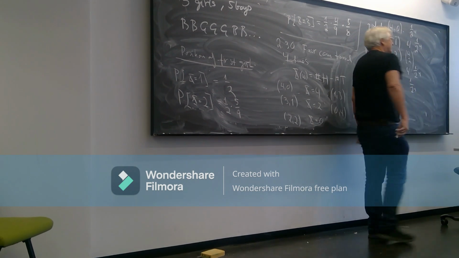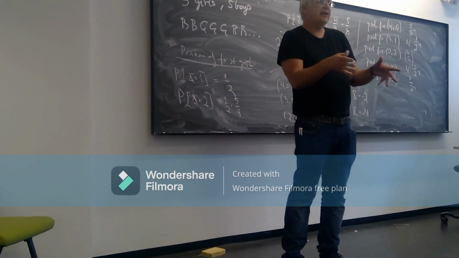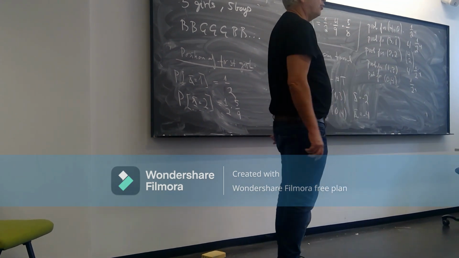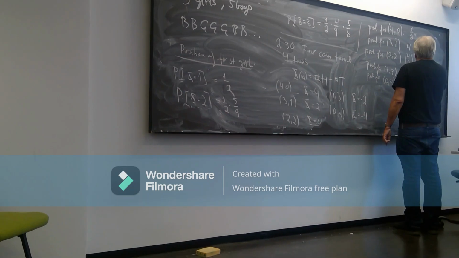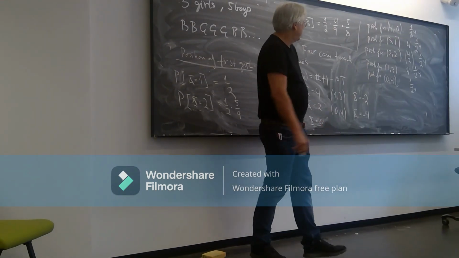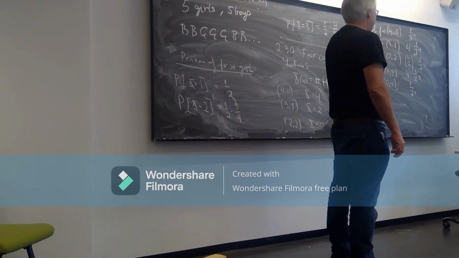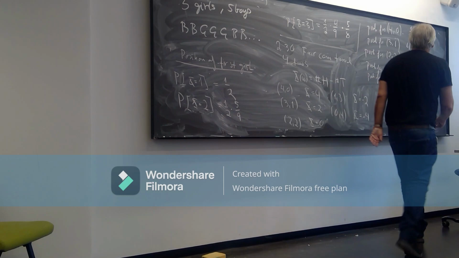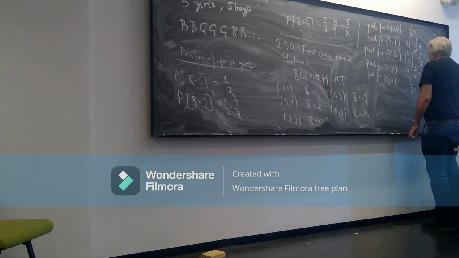I mean, I can choose the positions of 2 heads from 4 in 4 over 2 ways. And each of these will have a probability of 1 over 2 to the power 4. And 4 over 2, 4 times 3 over 2, that's 6, I suppose. So this is 6 times 1 over 2 to the power 4.